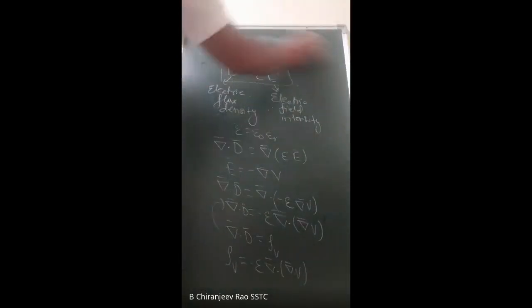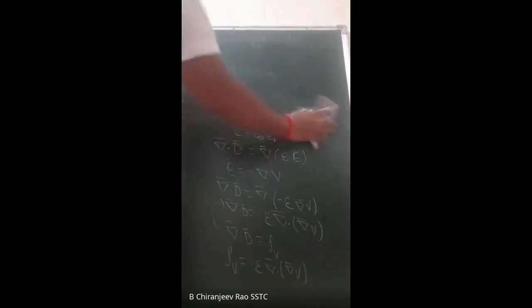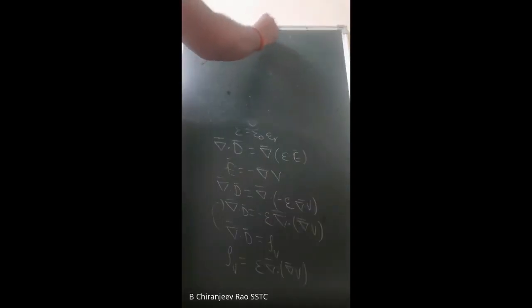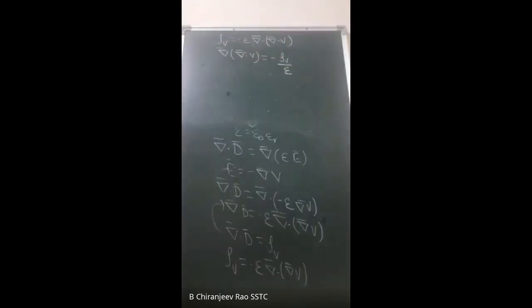So this is rho v equal to minus epsilon vector operator dot vector operator on V. This can be written as vector operator dot vector operator on V equal to minus rho v upon epsilon.